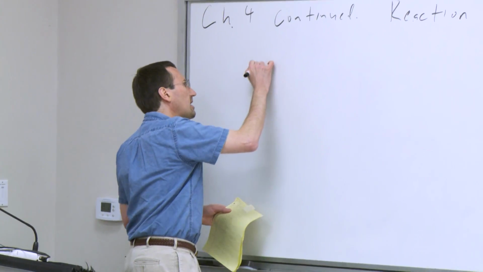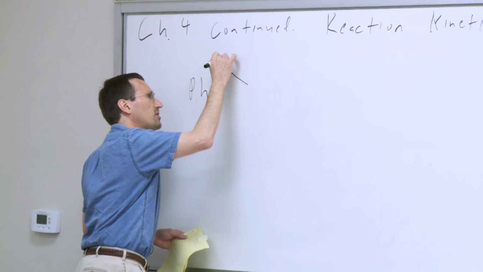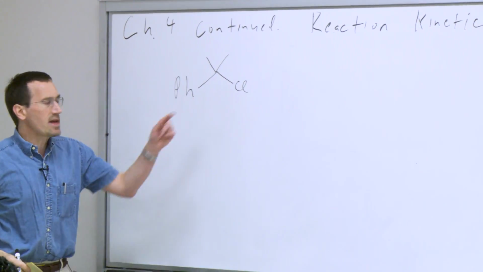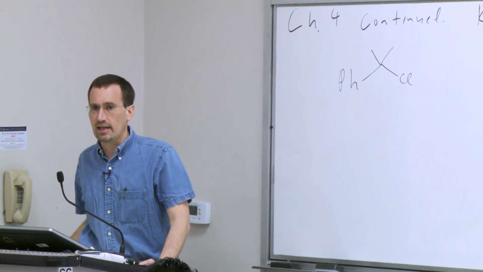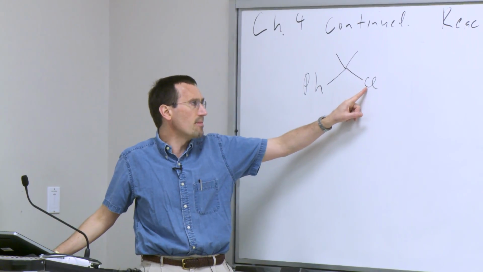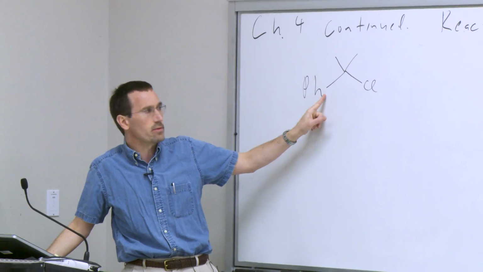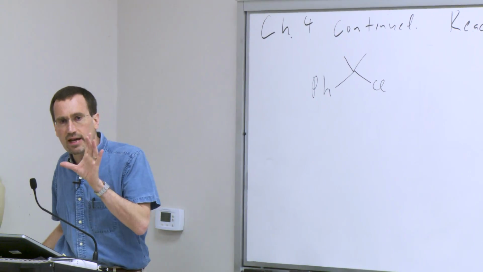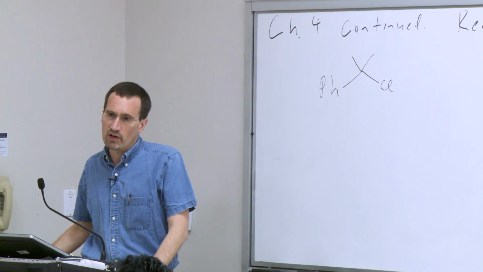So let's take a similar sort of electrophile to what we looked at last time, except I'll make it a tertiary alkyl halide, a tertiary benzylic alkyl halide. Remember, when you have a halide next to a benzene ring, you get a lot of resonance stabilization of a carbocation.